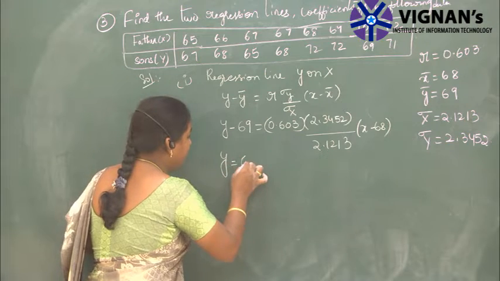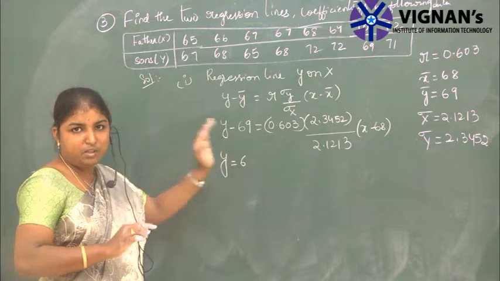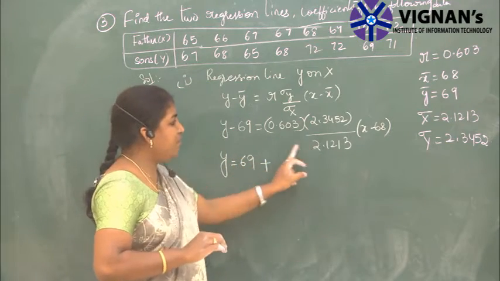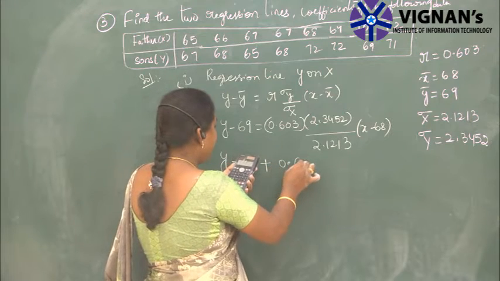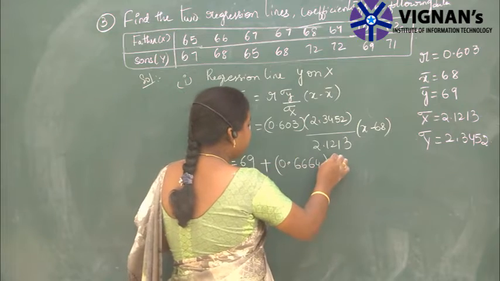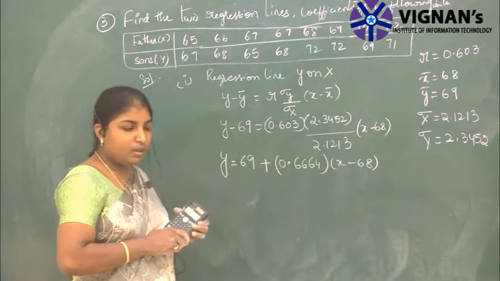y is equal to this, minus 69 we are taking into other side, that can be changed to plus 69, plus we are simplifying this one. This is equal to 0.6664 into x minus 68, right?